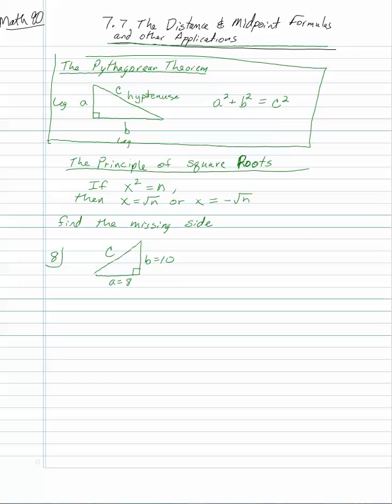Okay, so let's try exercise 8. It says find the missing side. So if A is 8, B is 10, we're going to find C. Using the Pythagorean Theorem, A squared plus B squared equals C squared. So we're going to do 8 squared plus 10 squared, so that's 64 plus 100.